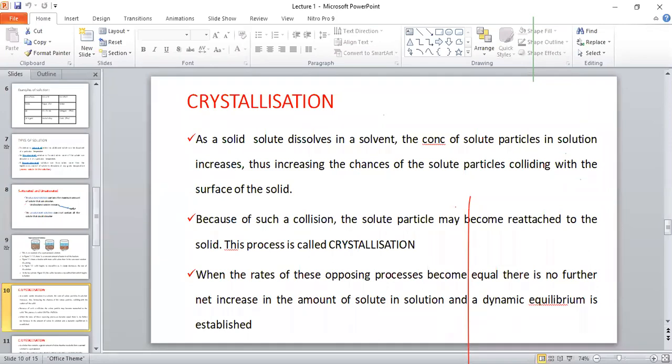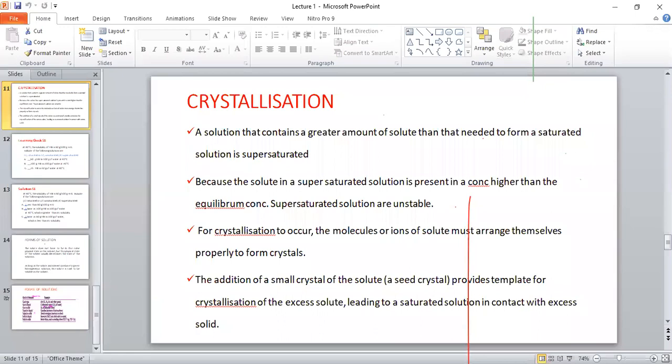Instead, it's just coming back here. So the two opposing processes become equal. That is where a dynamic equilibrium is established between the solid going into solution and the solute attaching to the solid, where there's no net increase in the amount of solute going into solution.